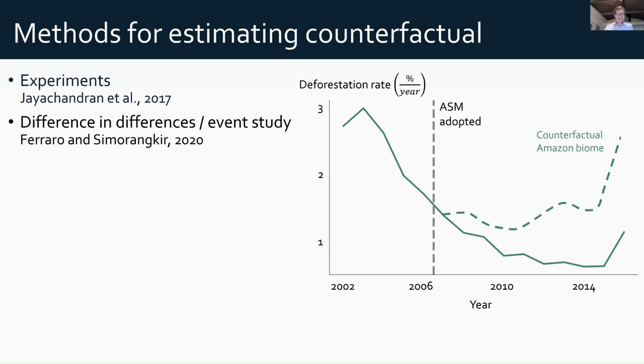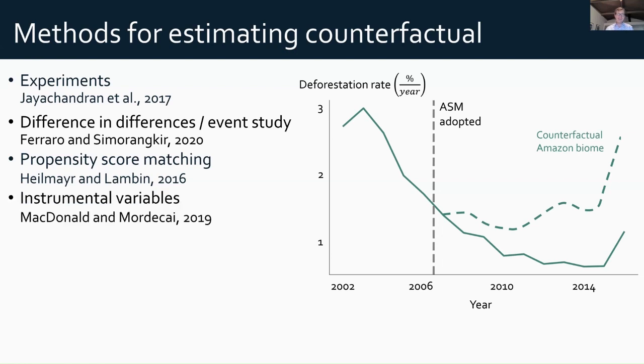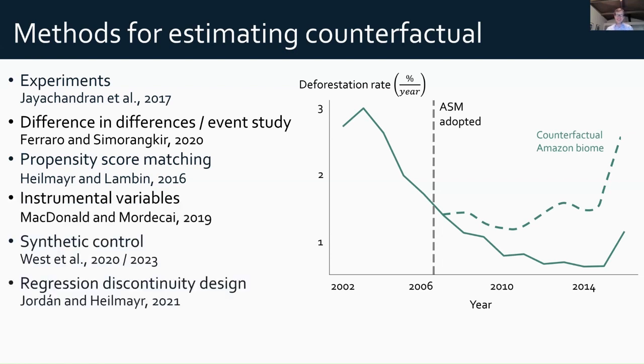So Paul has done a ton of work in this space. One recent paper that I really like looking at cash transfers is listed. You could do propensity score matching, which I've used in the past to look at things like FSC certification, instrumental variables, synthetic control, regression discontinuity design, double machine learning, as Luke showed us a couple of months ago before we broke for the summer.